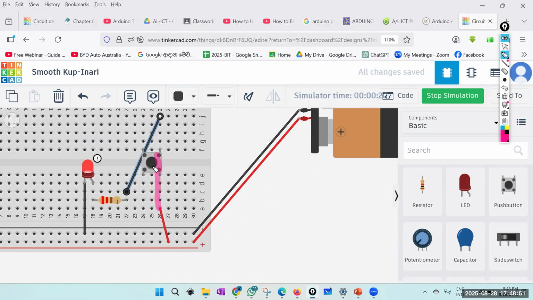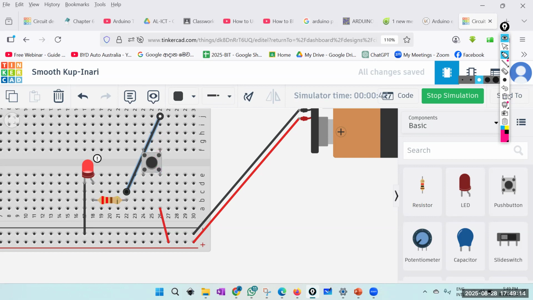So therefore it goes like this and comes like this. That means in this push button, this is connected to this, and this is connected to this. So even without pushing, now the light is on. But if I connect to this or this, it will act like a normal push button.